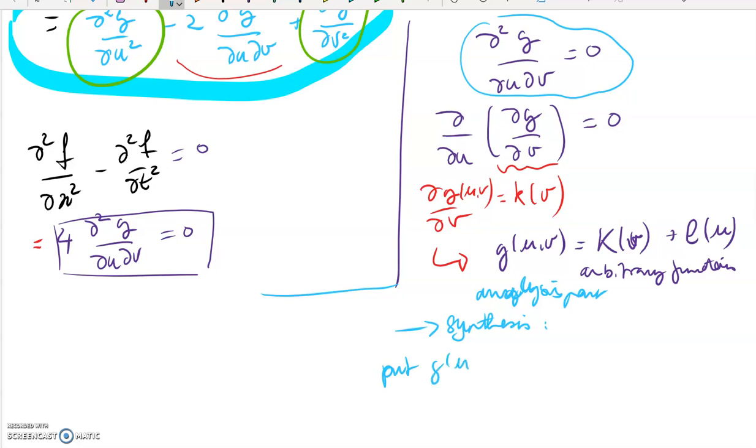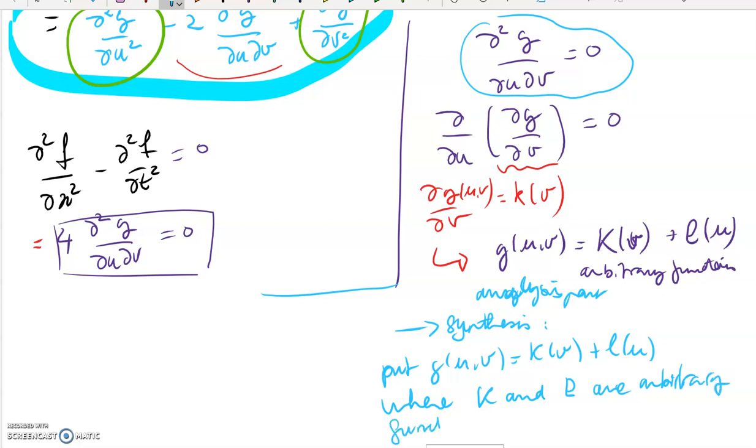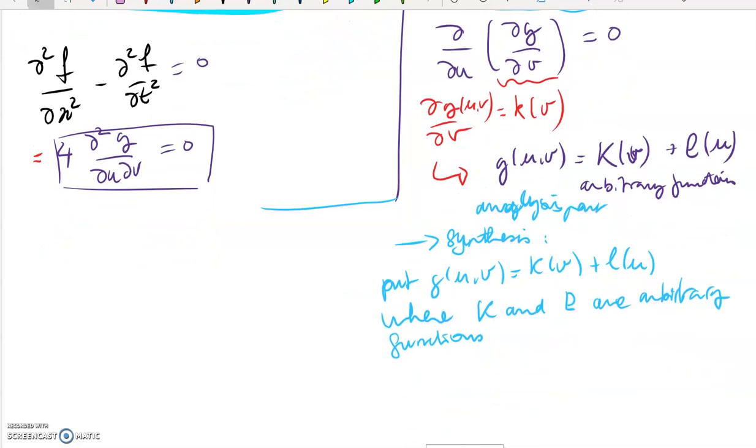And then what would come as the synthesis? Put g of uv equal to k of v plus L of u, where k and L are arbitrary functions. Then the cross derivatives d2g of uv are just going to be equal to, well, you differentiate that according to v, the L disappears, and you differentiate again according to u, the k disappears.